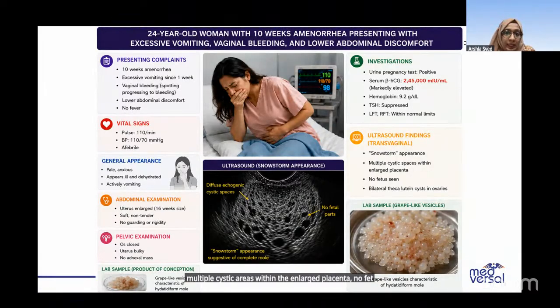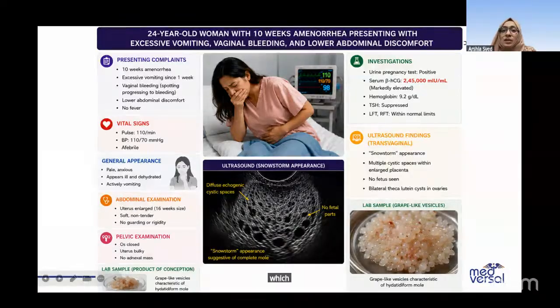No fetus is seen, and sometimes the ovaries may have bilateral theca cysts. And these are the grape-like vesicles which the patient gives a history of expelling.